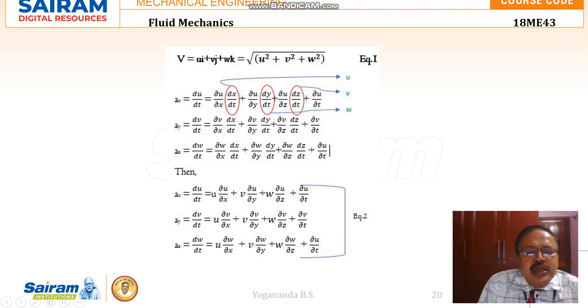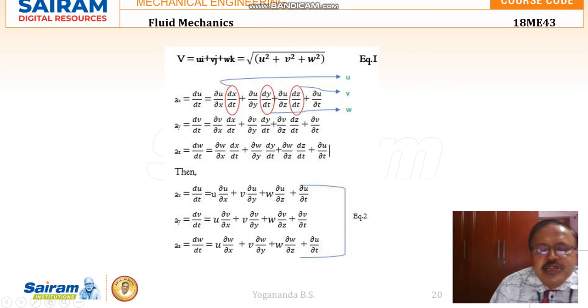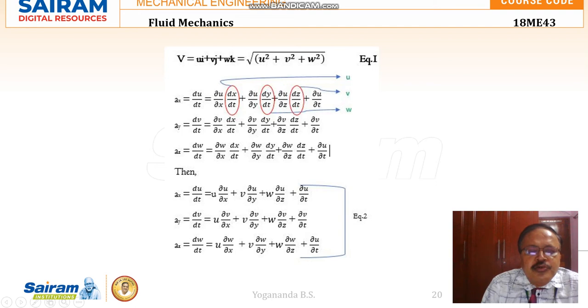Now replacing the ratio of distance by time taken with the velocity components u, v and w, we get u into del u by del x, then v into del u by del y, then w into del u by del z, plus del u by del t.